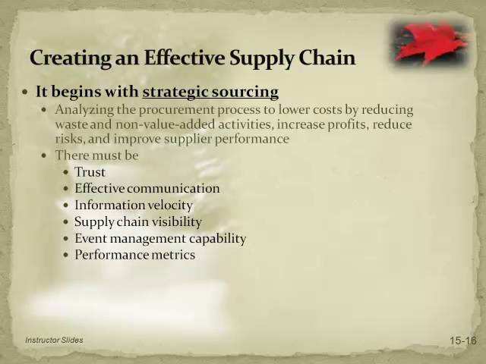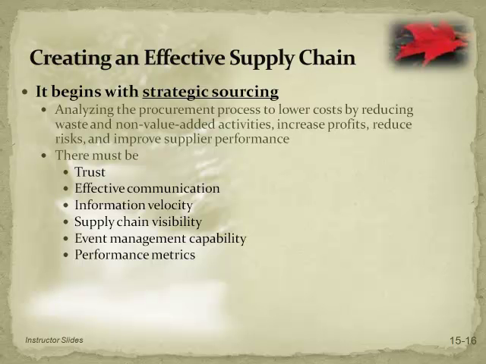So how do we create an effective supply chain? Well, there's a great deal that goes into creating this. There are a lot of strategic things that have to take place. An important strategic thing is referred to as strategic sourcing.